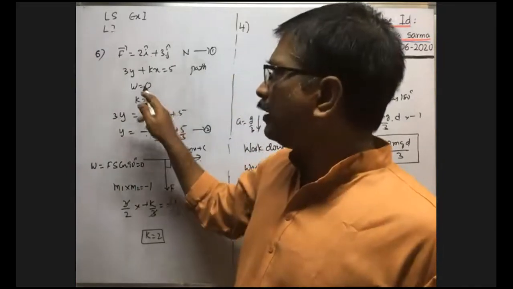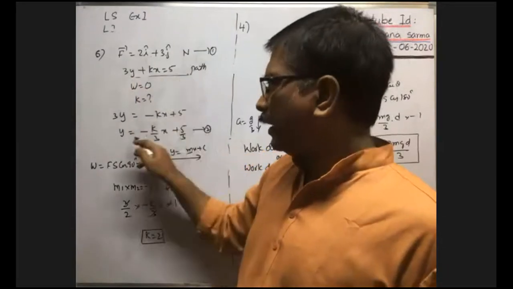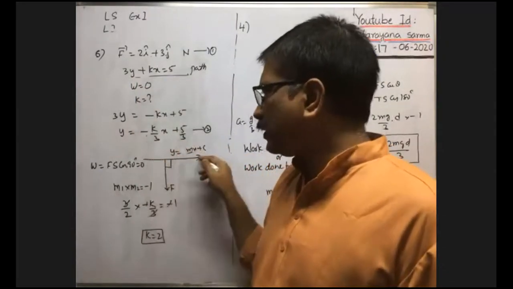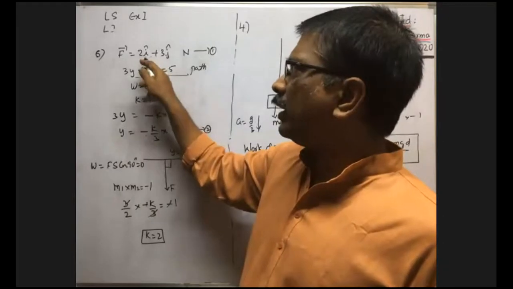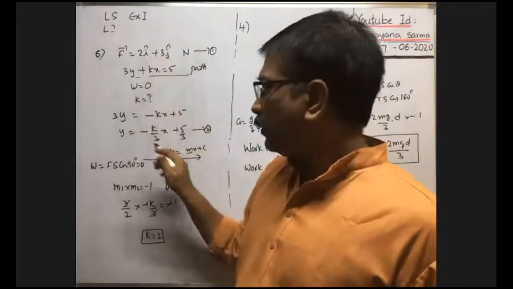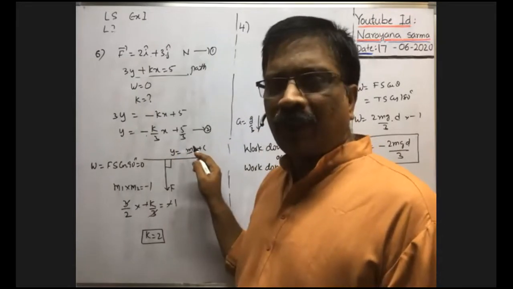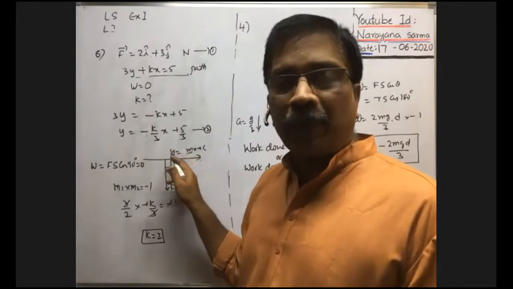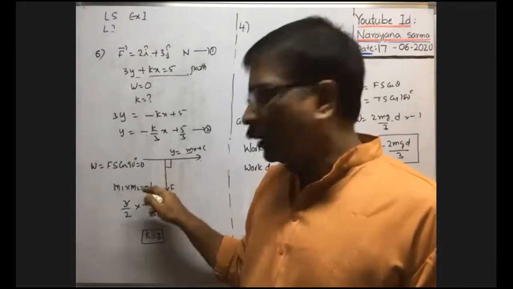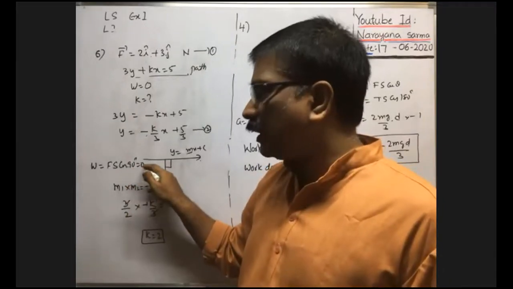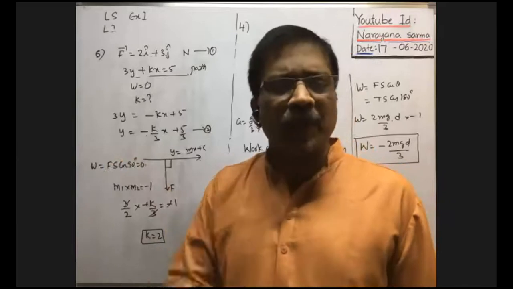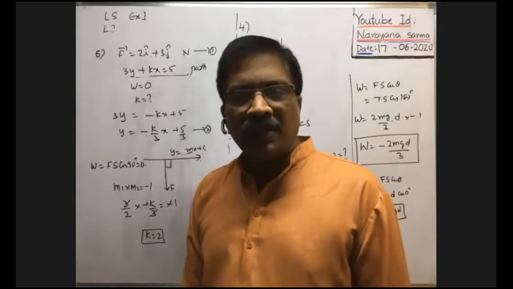Here the particle travels along the straight line path, that is this one. Force acts on the body in one direction, but the path along which the particle travels is the direction of displacement. Whenever force is applied on the particle perpendicular to its displacement, then cos 90, and then only work done becomes 0. Work done on the particle is 0, that is given in the problem.